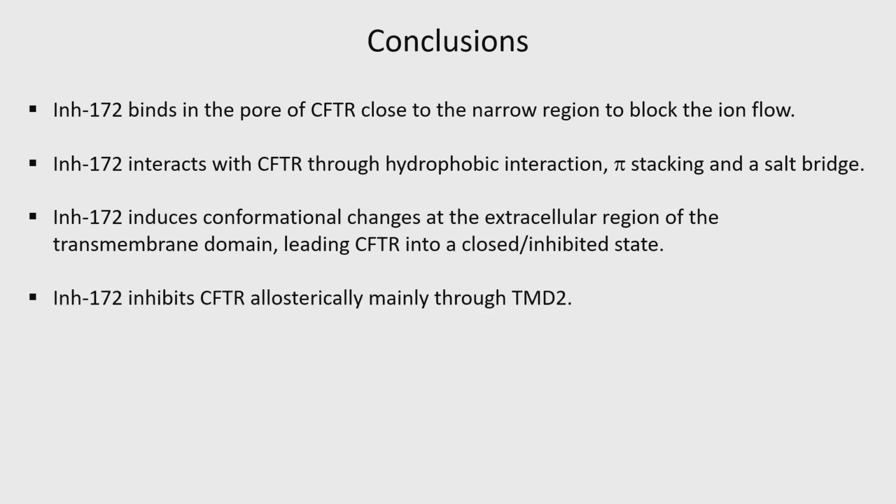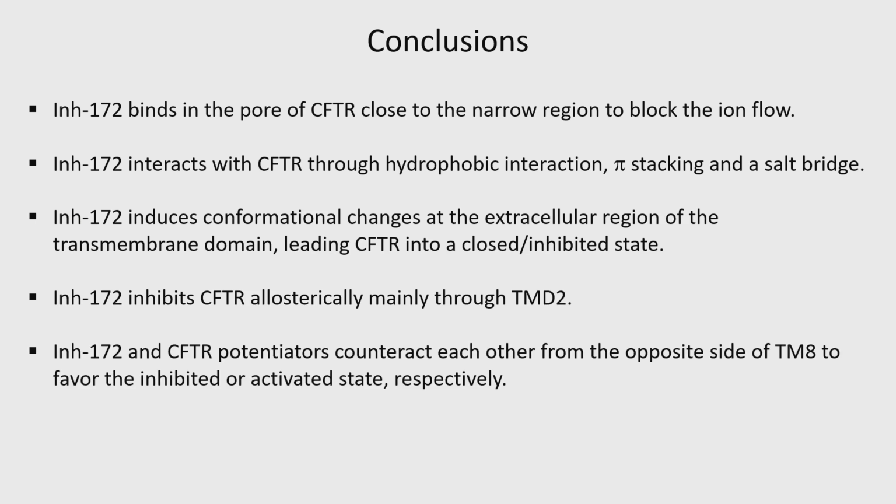It inhibits CFTR mainly through TMD2. If you look at those conformational changes, they mostly happen in TMD2. So inhibitor 172 and the CFTR potentiators contact each other from the opposite side of the important TM8 to favor the inhibited or activated state.